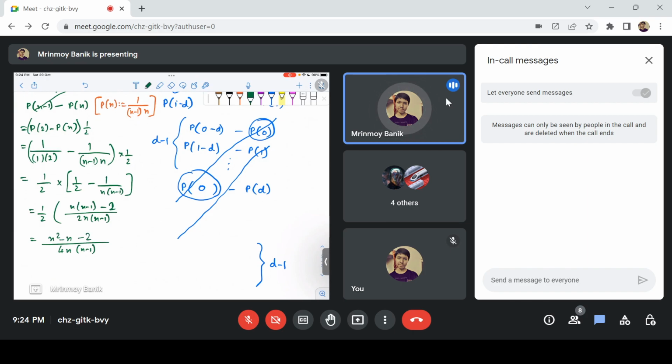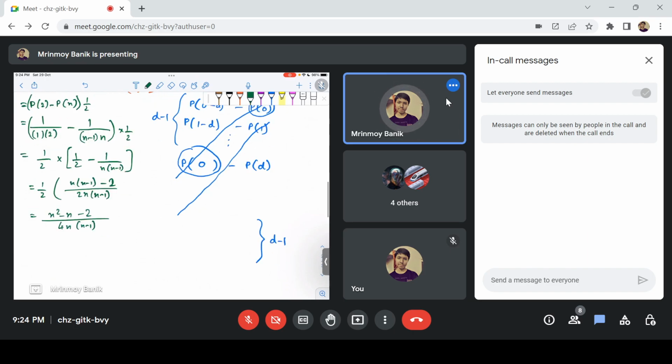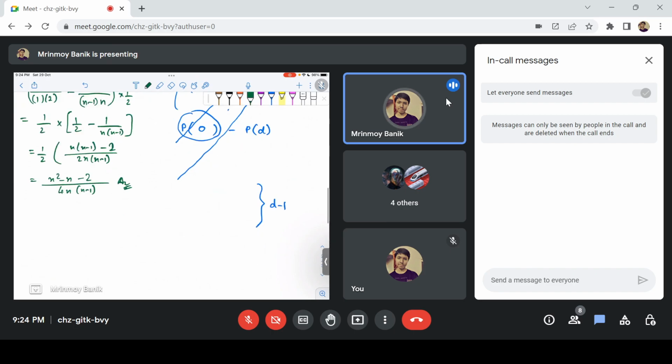It's something like this. If I simplify it further, this is the answer. Right, so this case is done.